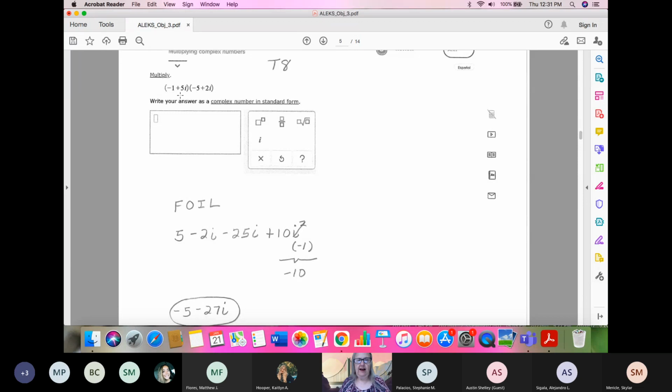-1 times -5. Negative times negative is positive. 1 times 5 is 5. So F is the first two. -1, the negative, it's the first one in each factor. -1 times -5. That's +5. The O is outer.